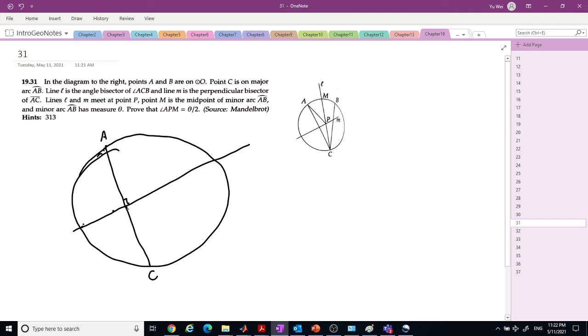The perpendicular bisector of AC is this line M. It must pass through the circle center O, right? Also here is the point P, and then the arc CP is equal to this arc. Okay, so this is B.